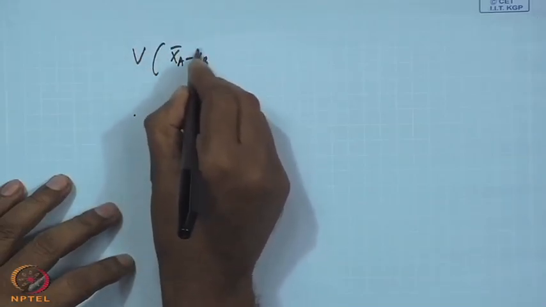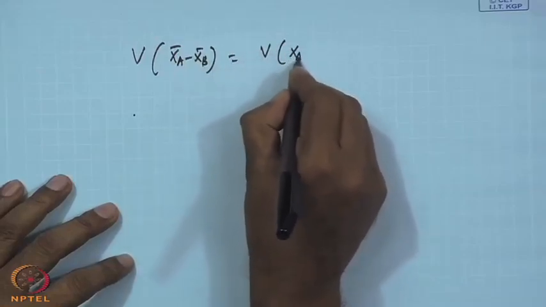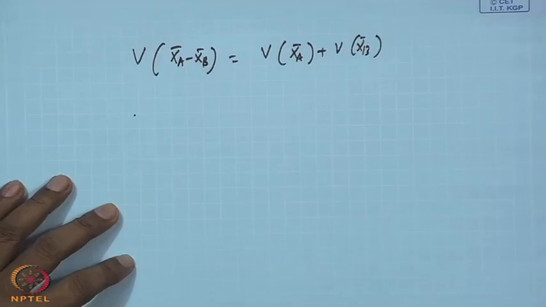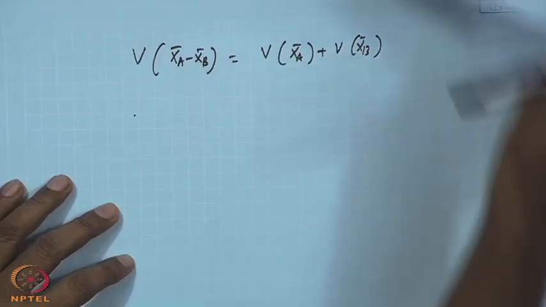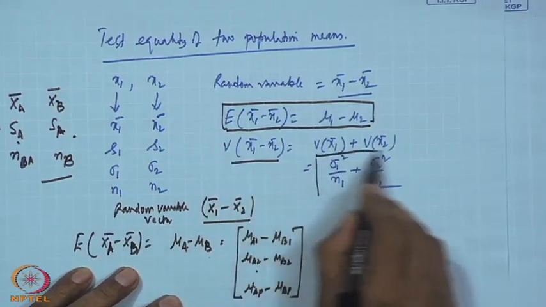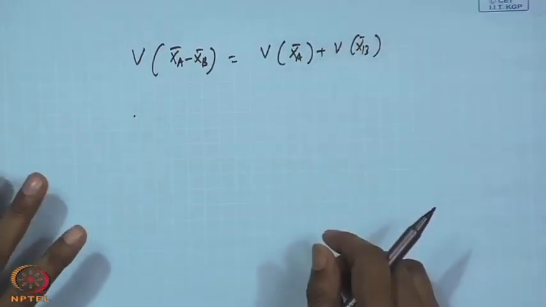For x a bar minus x b bar, that will be variance of x a bar plus variance of x b bar. I have shown you in the univariate case what the variance of this is. Forget about how this is derived, because we are not statistical experts, we are users.